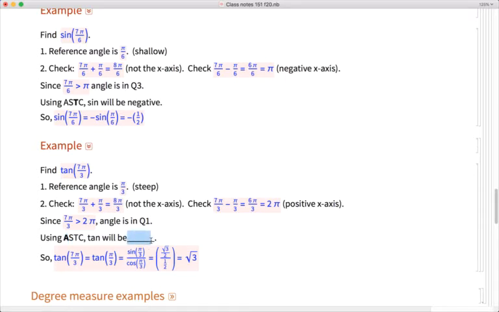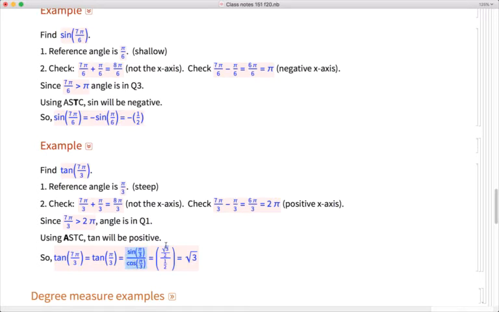In quadrant 1, using our little memory guide here, all of the trig functions are positive. So the tangent will be positive here. Okay, so the tangent of 7 pi over 3 will match the tangent of pi over 3, the reference angle. And this time we don't make an adjustment because this one is supposed to be positive.